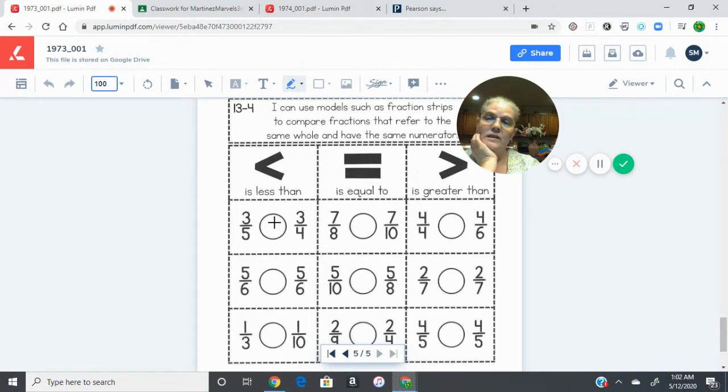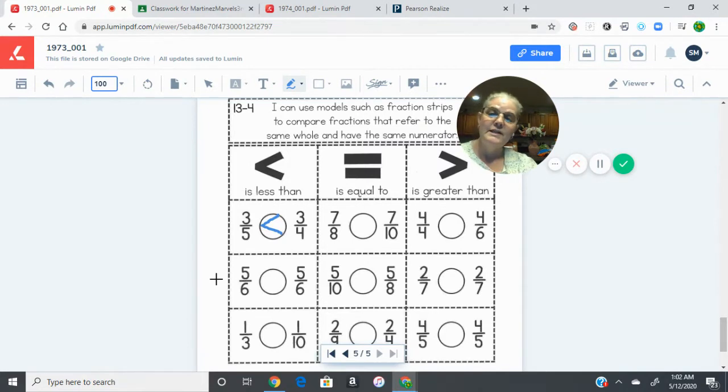If you think about that, the greater the denominator, the smaller it is. So this one was cut into 5 pieces. This one was only cut into 4 pieces. So automatically, that one is going to be less than 3/4.